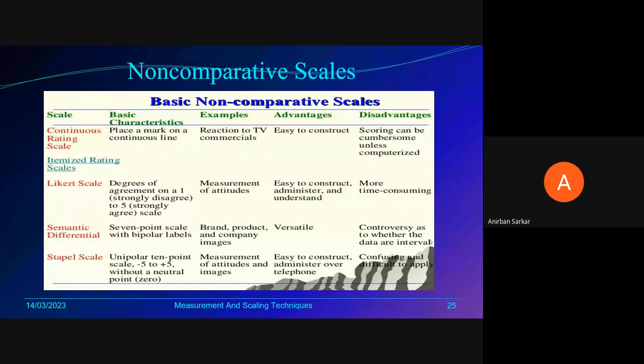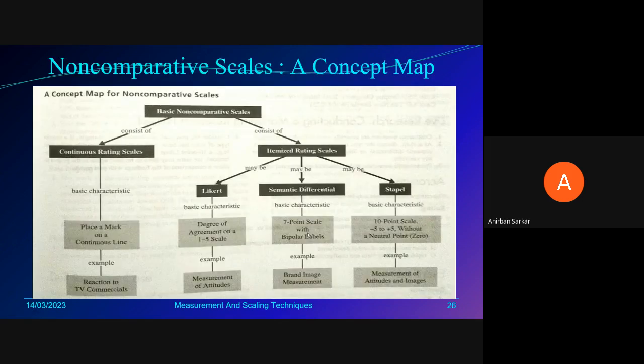But Likert scale is most popular because the staple scale or semantic differential scale are not easy to conduct, because you have to understand what is the meaning of -5 to +5. Generally, if your respondent is highly literate, then you can use this type of staple or semantic differential. But if the knowledge of your respondents is moderate, then you need to use Likert scale, because it is easy to administer. Clear?